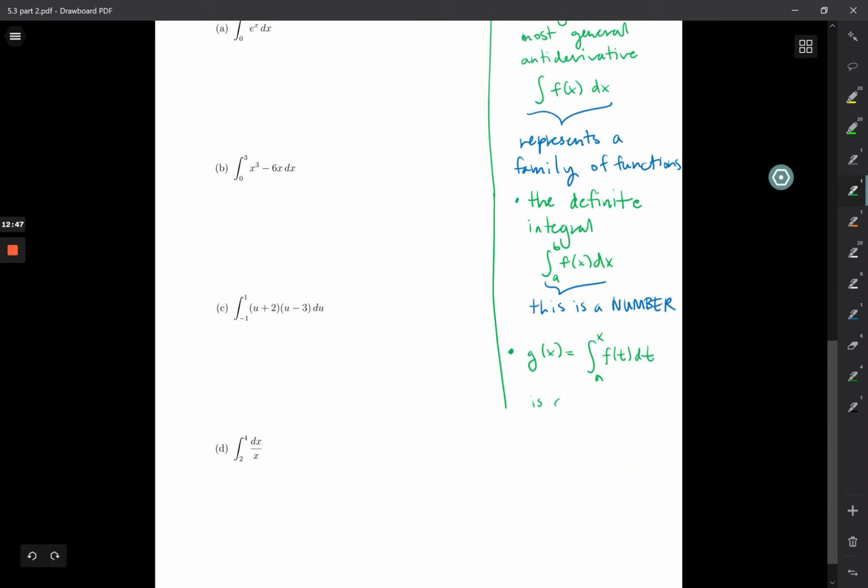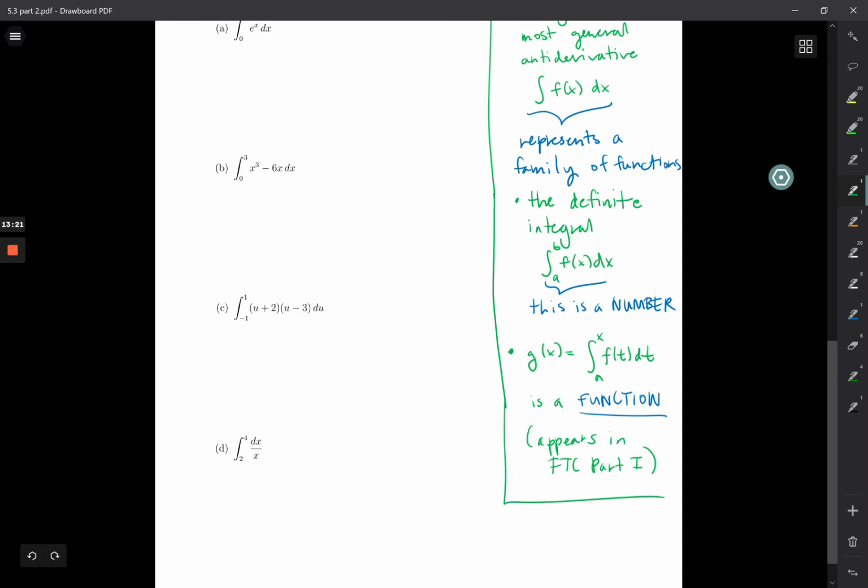This is a function. So like we did in the in-class work, evaluating this function at different values, for every input it gives you an output. So it really is a function. And just so you know, this appears in the fundamental theorem of calculus part 1.